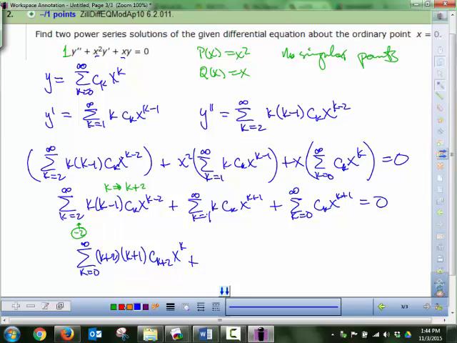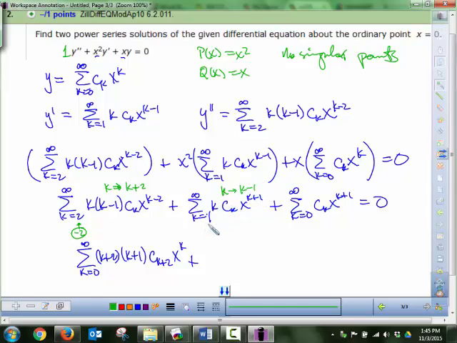All right, now for the second one, I want to match this up with the x to the k as well. So I want to subtract 1, change my k into k minus 1. So I'm subtracting 1.